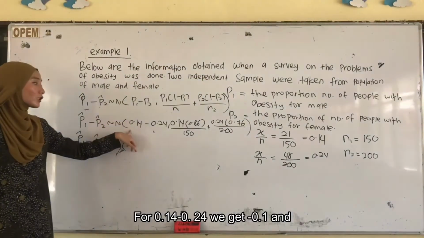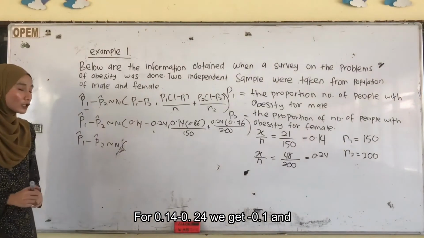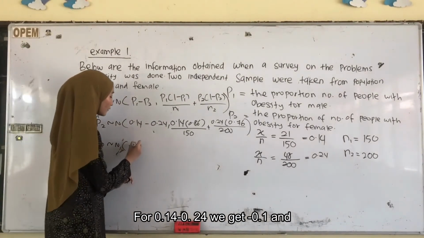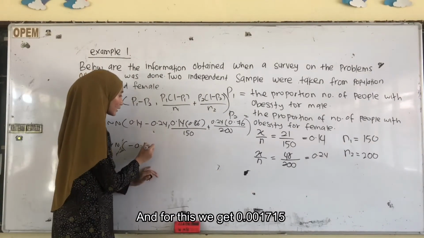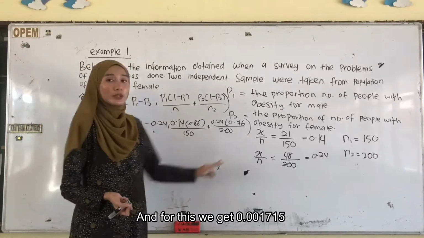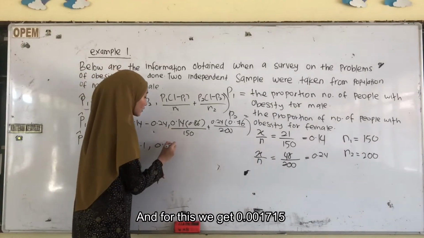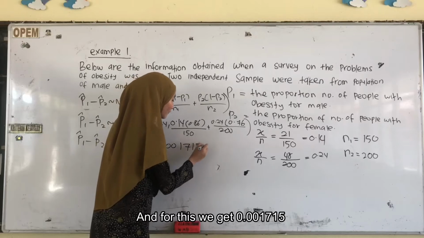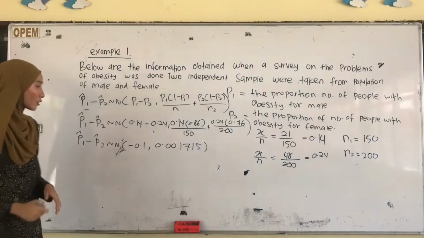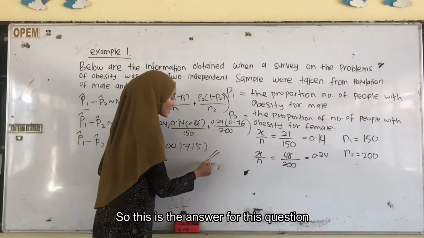Okay, for 0.14 minus 0.24 we get negative 0.1 and for the variance we get 0.001715. Okay, so this is the answer for this question.